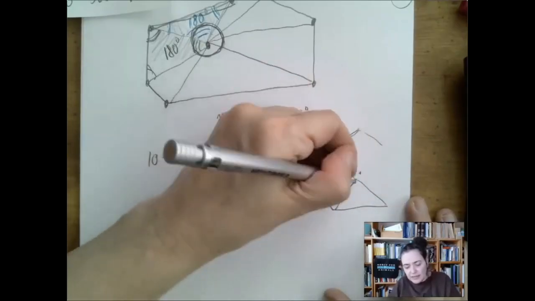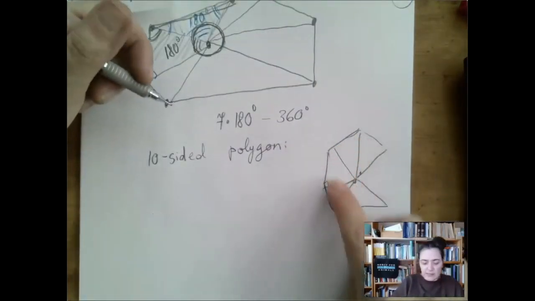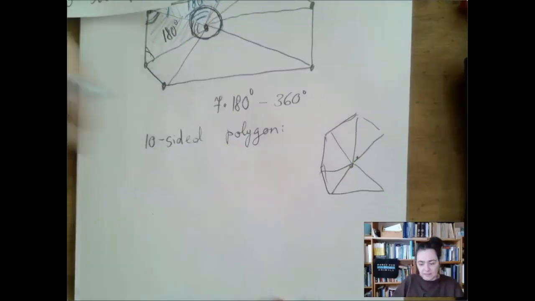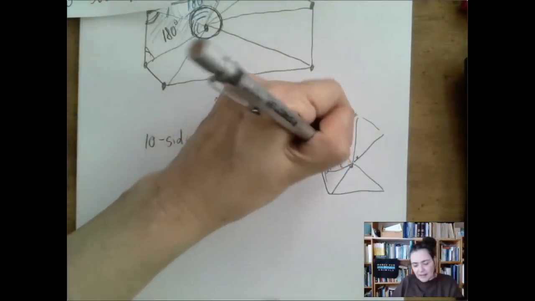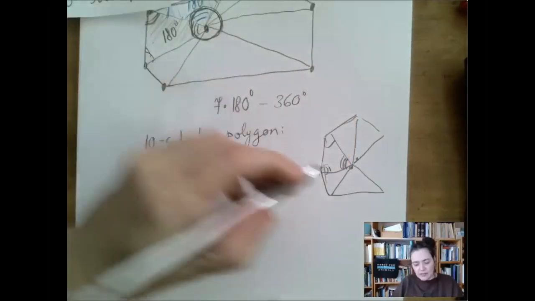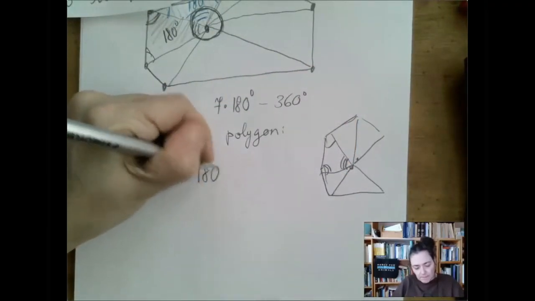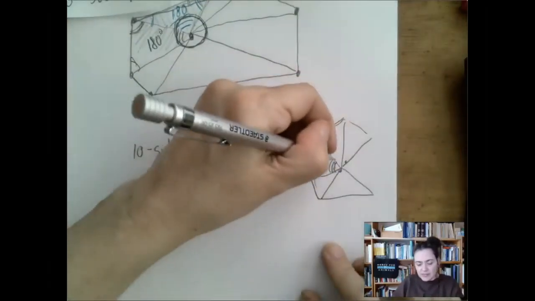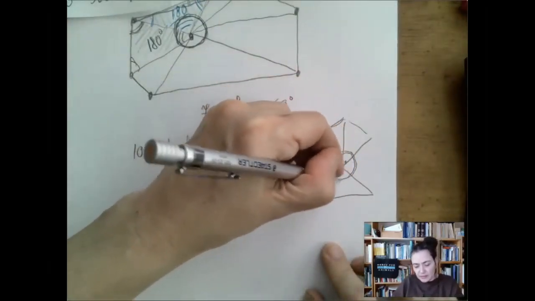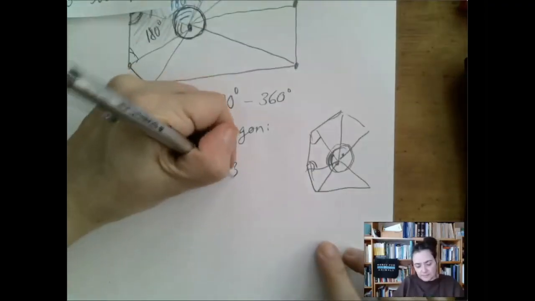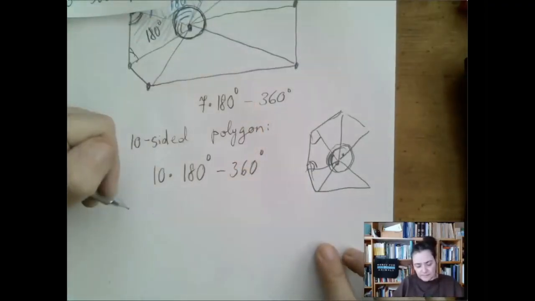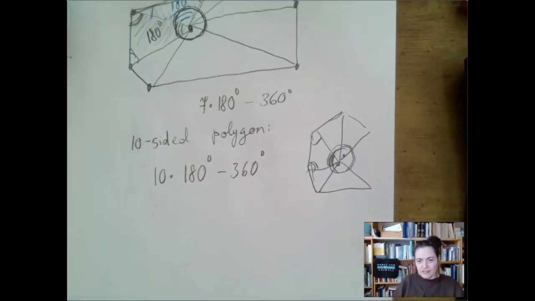Then we triangulate it into as many triangles as there are sides, and that's 10. Each of these little triangles, the 3 angles add up to 180. So we have 10 times 180. And the overcount is always this full angle, 360. So that's a pretty good formula we just developed.